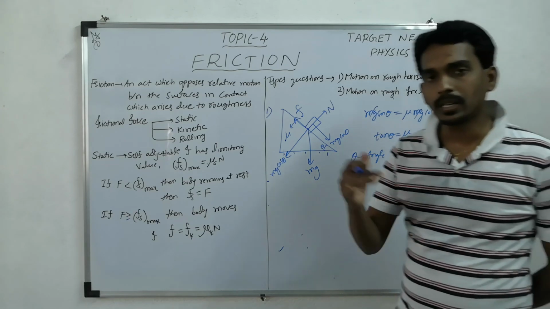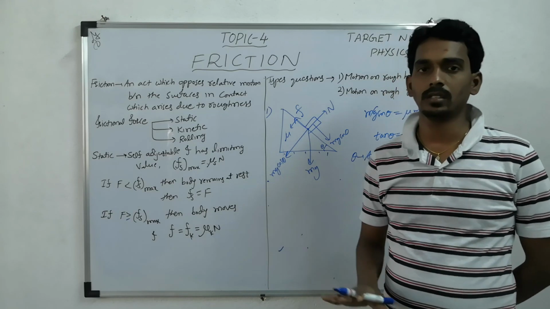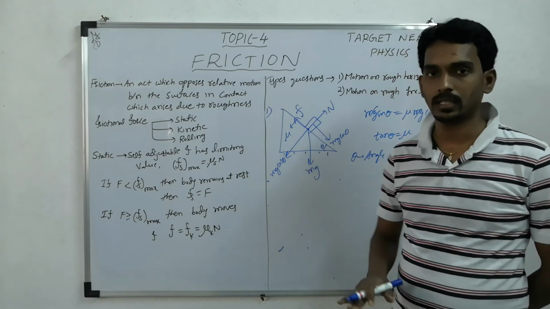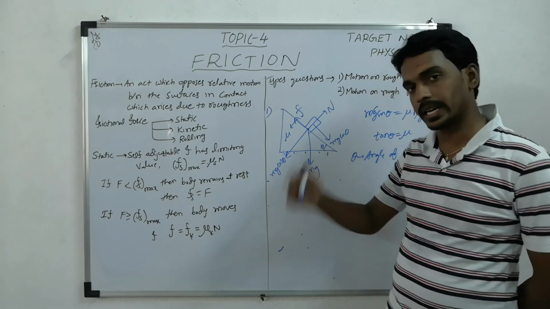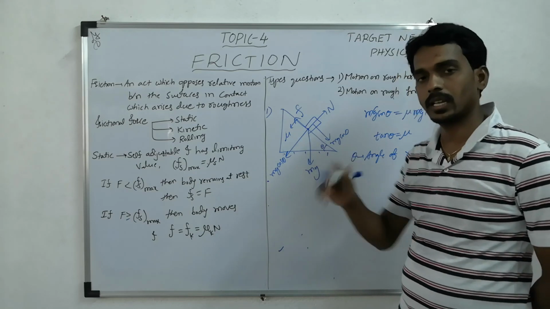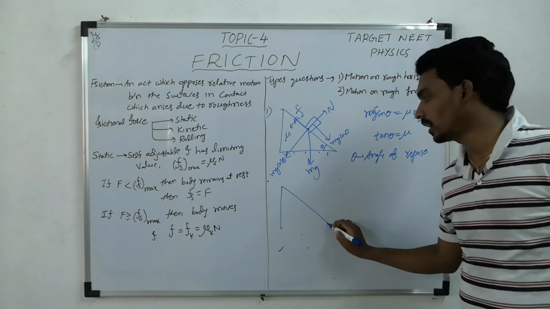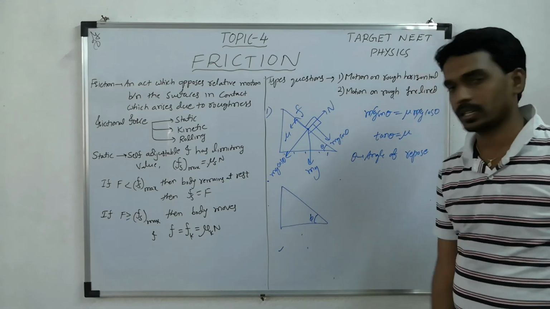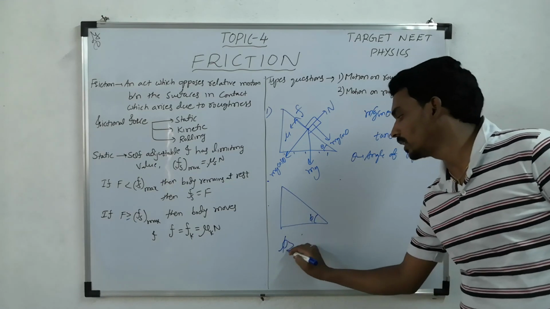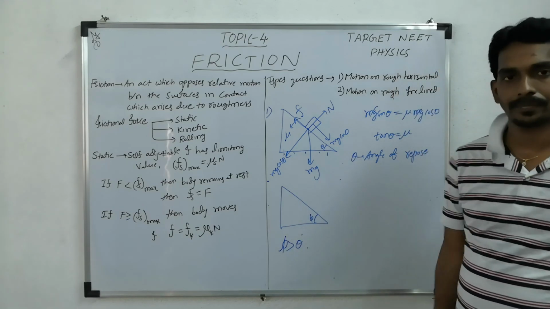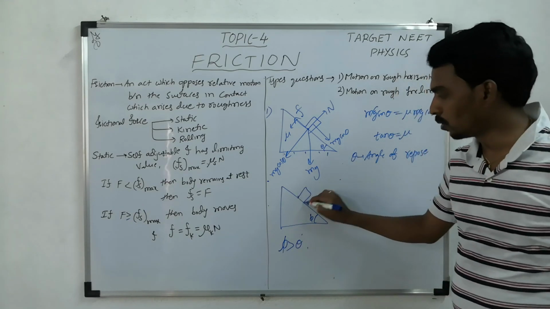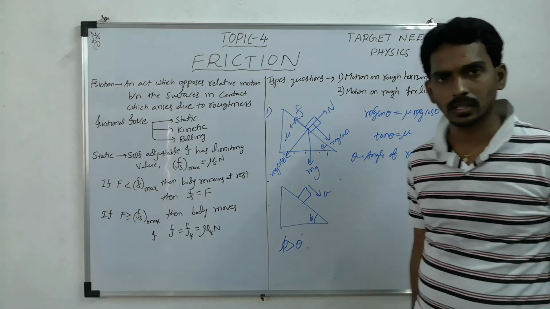It is the angle of inclination below which the block does not slide. If the angle of inclination is greater than this, only then will the block move. Let's take the angle of inclination phi, which must be greater than this theta. Then the body slides down with some acceleration.